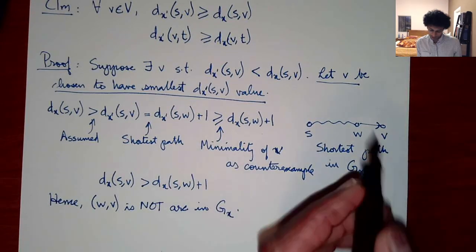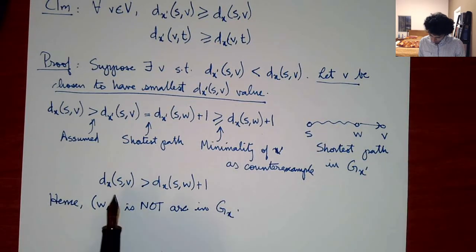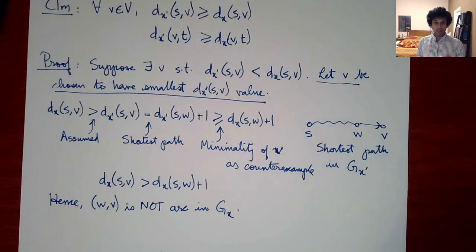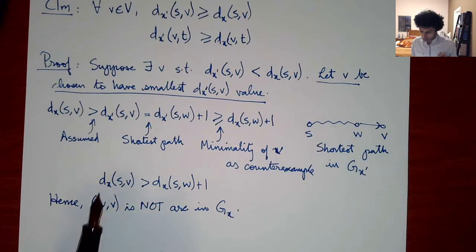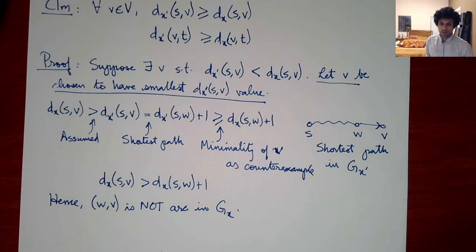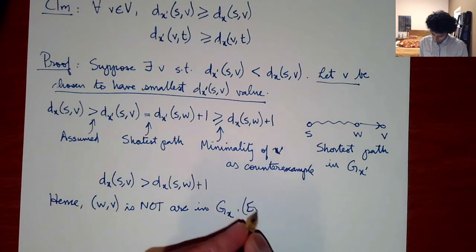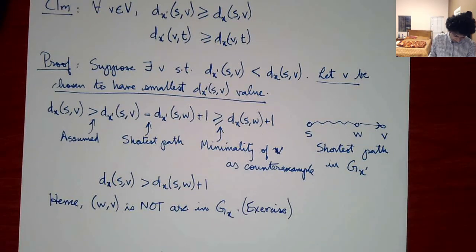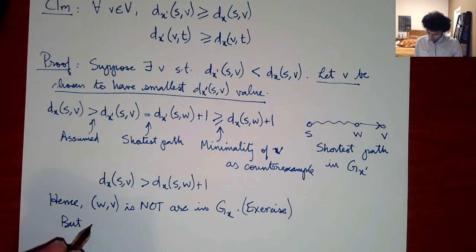Because if it was an arc in G of x, then this would be a shortest path in G of x, implying that d x of s v is equal to d x of s w plus 1. Just write this as an exercise to state it more formally. So w v is not an edge in G x, but it is an edge in G x prime.